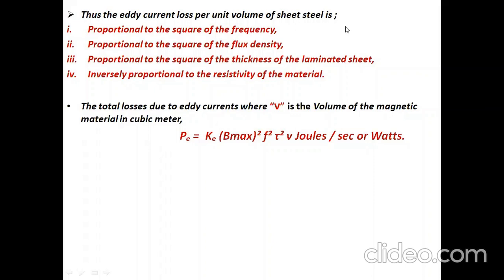Inversely proportional to the resistivity of the material. The total loss due to eddy currents, where V is the volume of the magnetic material in cubic meters, is PE equals Ke B max square F square tau square V joules per second or watts.